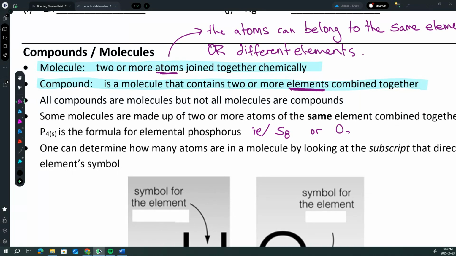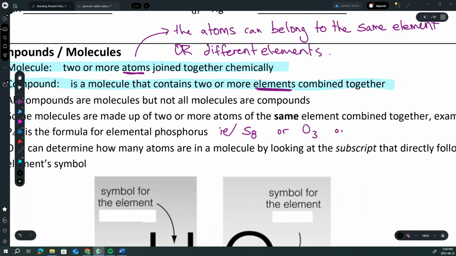Or another example would be ozone, which is 3 atoms of oxygen grouped together, O3, when oxygen is by itself, or oxygen can also exist as O2. So just a heads up, O3 is specifically called ozone, O2 is called just oxygen gas.